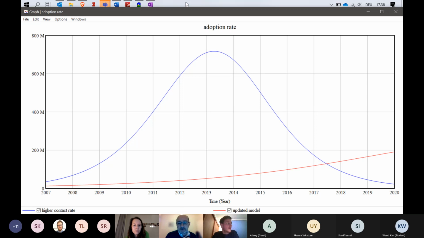Sometimes the accumulation cannot give you the right picture, and sometimes you need to go to the flow, but many times you don't have that data from the flow to validate. But through the model, you can infer what that data will be, as you are doing in this case.